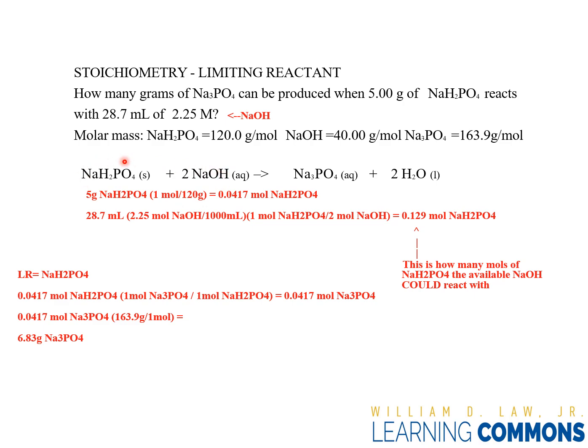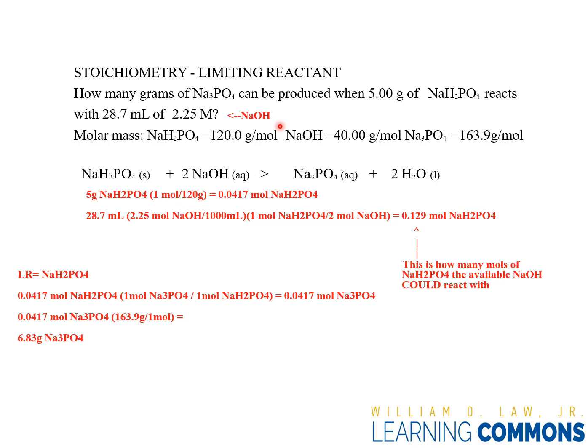And here we start to read this example. He says, how many grams of the trisodium phosphate in the product can be produced when 5 gram of sodium dihydrogen phosphate reacts with 28.7 milliliter of the 2.25 molar sodium hydroxide.